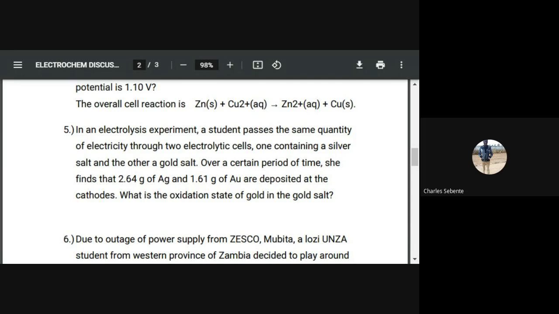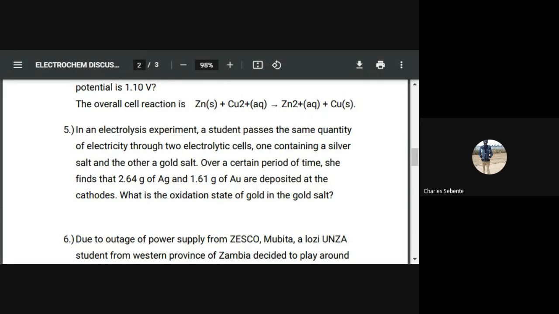So you write the equation, the reduction. How do you write the half equation for silver? Okay, you balance it. You convert the mass of silver to moles. After that, using the balanced half equation that you found, you find the number of moles of the electrons that are needed to deposit silver onto the cathode.